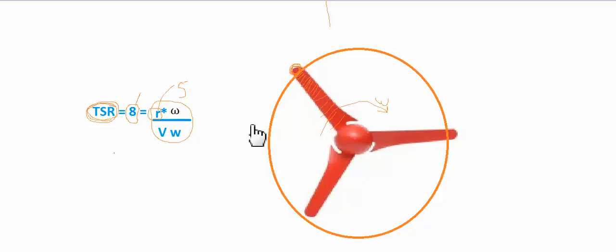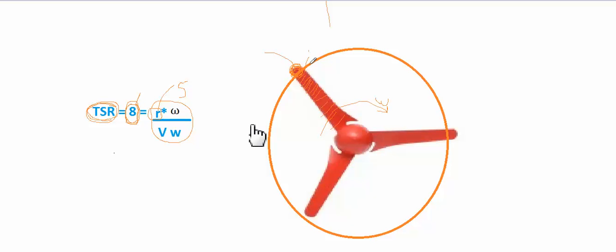Now when we say that the tip speed ratio is 8, that means this last element is experiencing a tip speed ratio equal to 8. But what about the other elements? There are 20 elements.